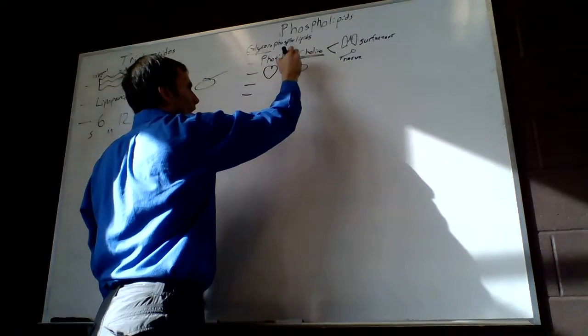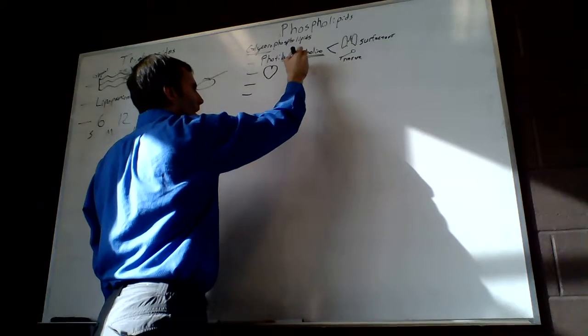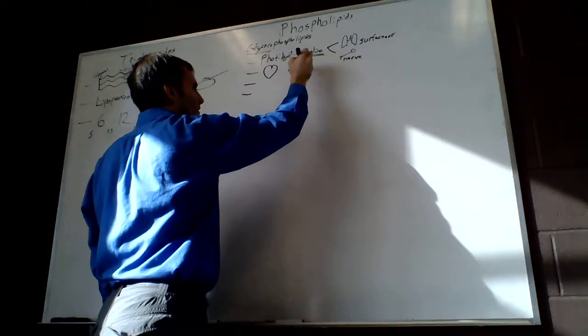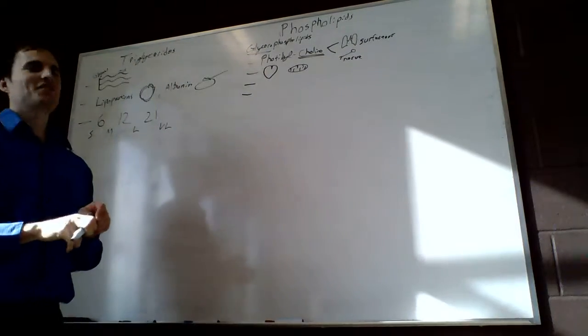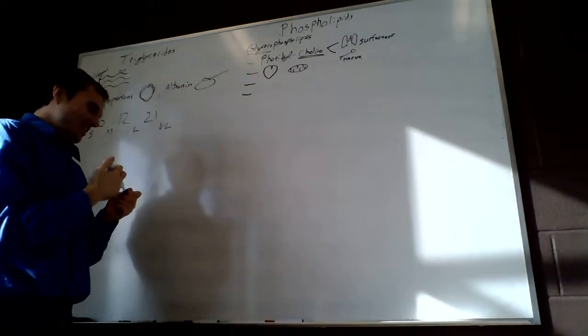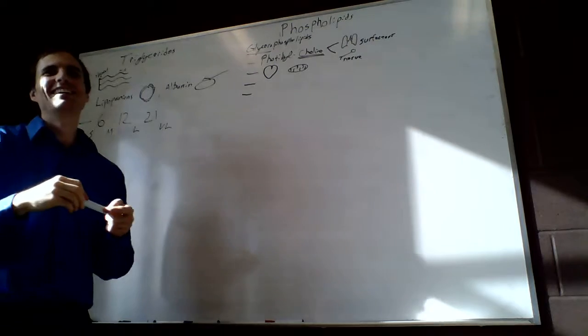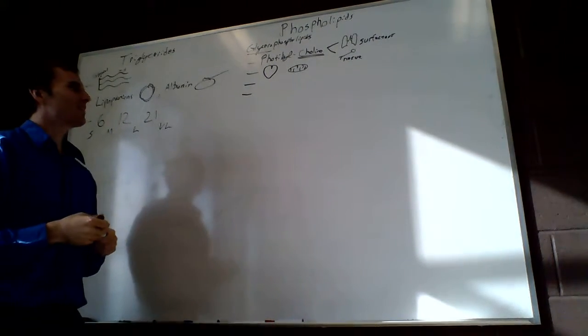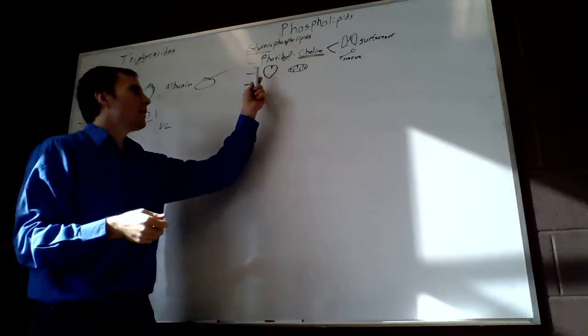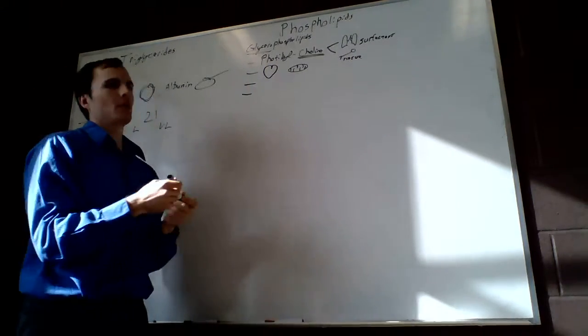Right next to that heart, I have something I can actually draw, sort of. Can someone guess what this is? An Easter egg? That's very festive. It's mitochondria. So mitochondria in the heart use cardiolipin.